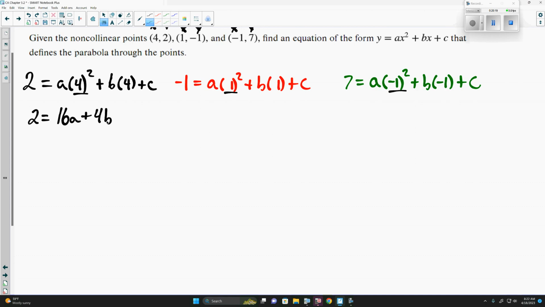Then we have plus 4b plus c. Our middle one, we have negative 1 is equal to, well, 1 squared is just 1, so I have a. 1 times b is b plus c. And the last one, we have 7 is equal to, well, negative 1 squared is just 1. B times negative 1 is negative b plus c.